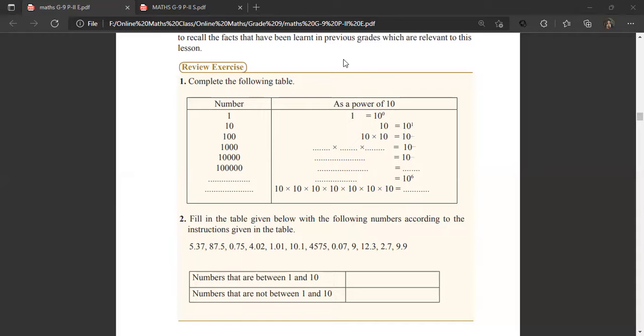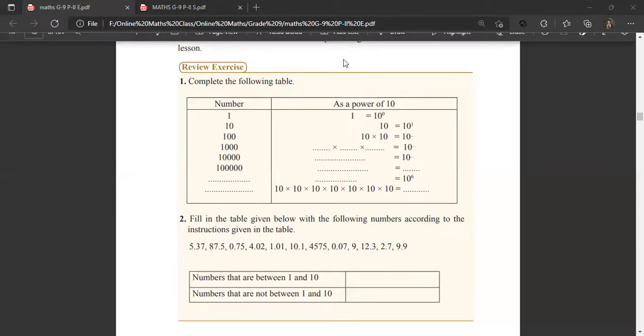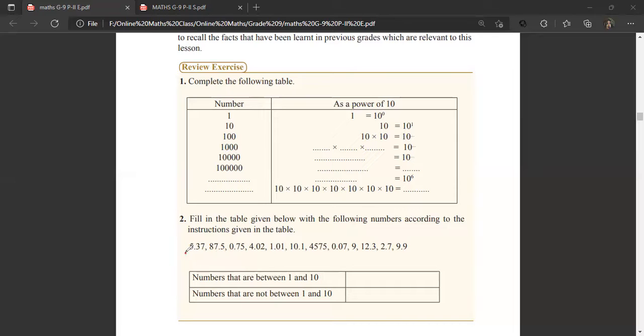So what are the answers for the first row? 5.37 is okay. 4.02, yes. Then 1.01, 9, 2.7, 9.9.